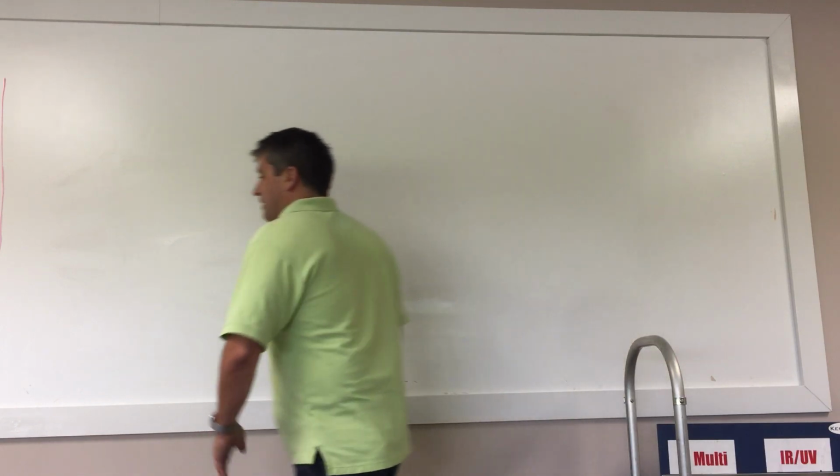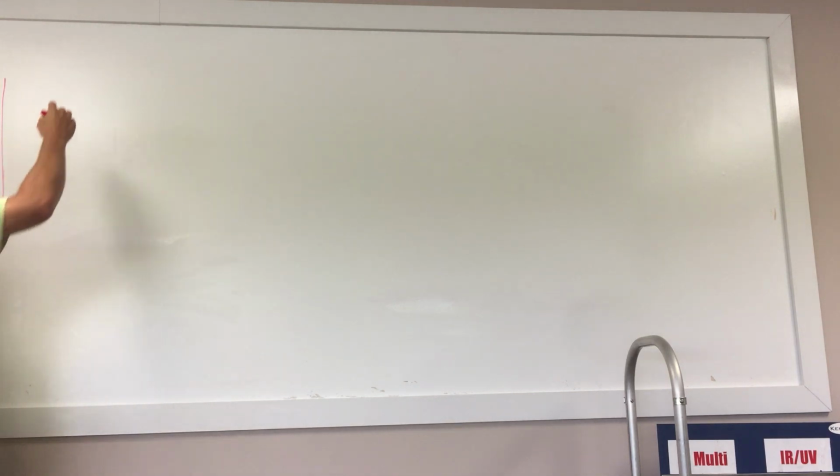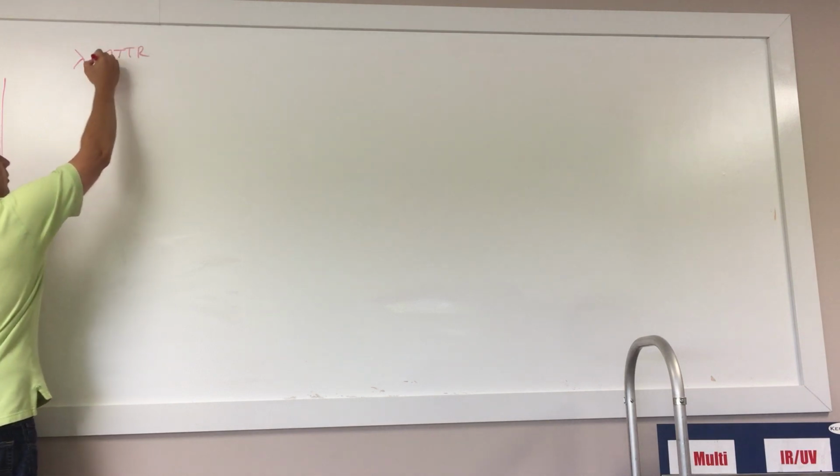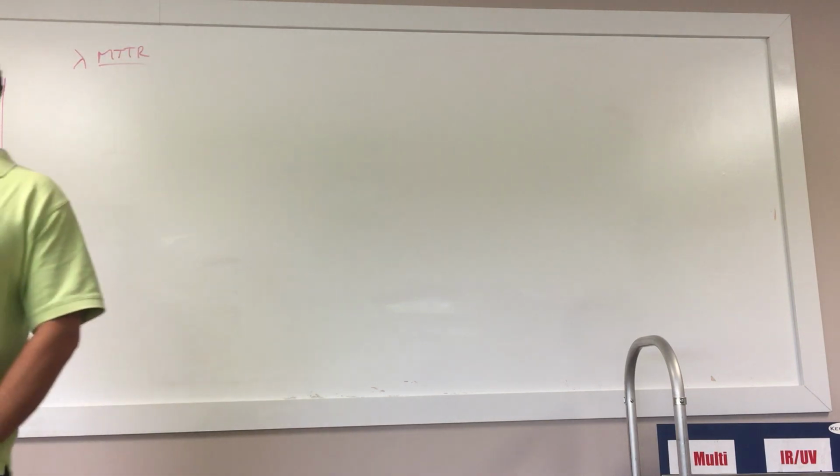Where does the term that we always use to describe unavailability come from? And that term is going to be lambda mttr, where mttr is the mean time to restore. So the mean time to restore includes detecting that a failure has occurred and actually performing the repair. So where did this come from? I said it is an unavailability.